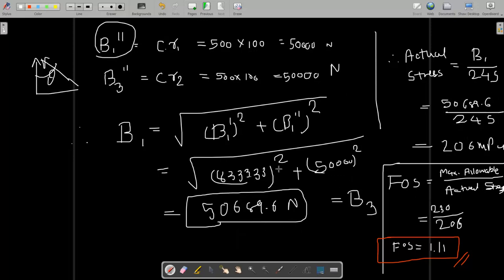Now what are the varieties you can expect? Here area is actually given, so the first variety is that the factor of safety will be given and you have to find the diameter, pi by 4 d square, as per the stresses. Second, you may have to find the allowable stress, a simple basic question.